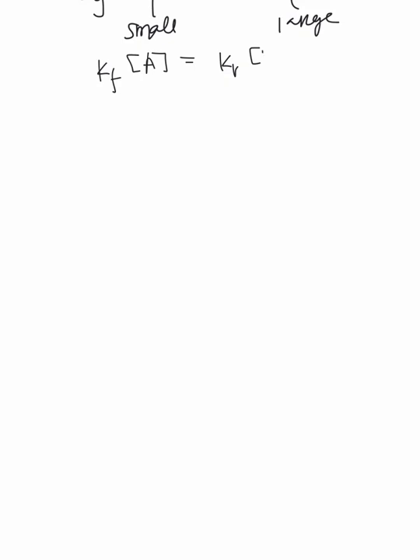Now, if we really are at equality, we can do some really cool things that can tell us about the state of the reaction. So, if we have Kf times A equal to Kr times B, if we set the ratio of the rate constants equal to the ratio of the products and the reactants, now we can use the ratio of the rates to tell us something about the ratio of our concentrations.